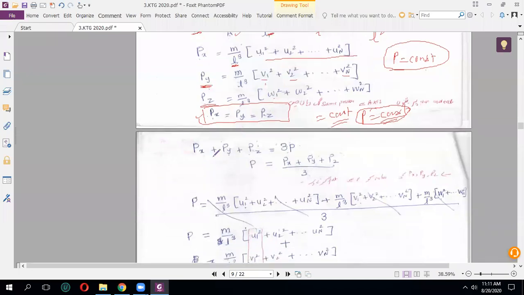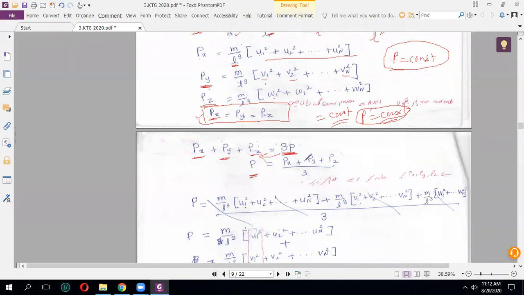So can we write that the sum of pressures Px, Py, Pz is equal to 3P? How are we getting 3P? Because each pressure is the same. So can we replace Py by Px? Can we replace Pz by Px? Yes, of course, we are replacing each with the same symbol. That is why I am writing 3P here. Now take this 3 to the left hand side. So what are we getting?